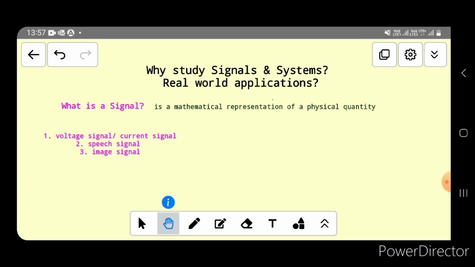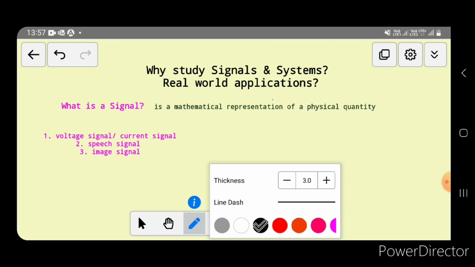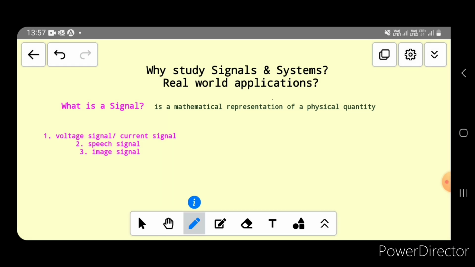It means suppose there is a physical quantity like voltage, current, speech in audio, image. Each of these quantities is represented mathematically by a signal.